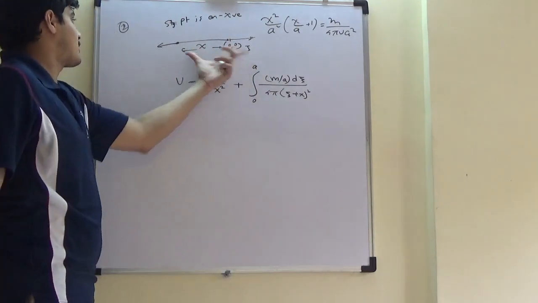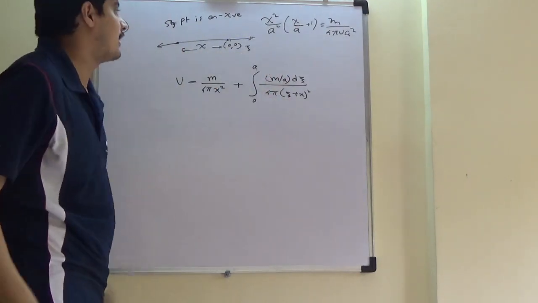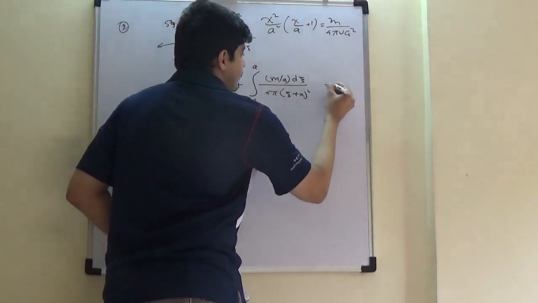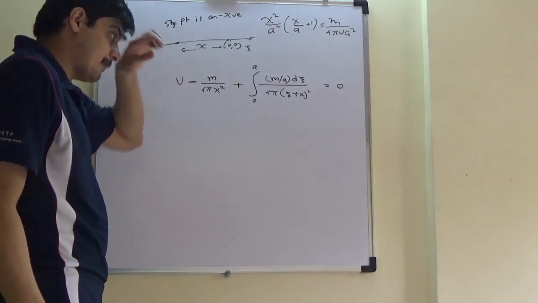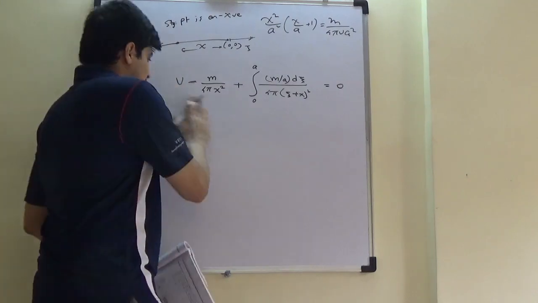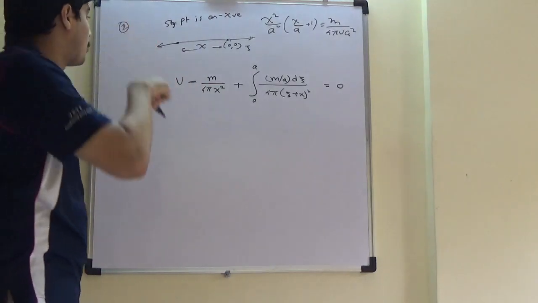So the total distance of this point from that infinitesimal sink is this. This is the only catch. This is the most important equation. This is the crux, the heart of the problem. This is what you have to crack from a physics point of view.